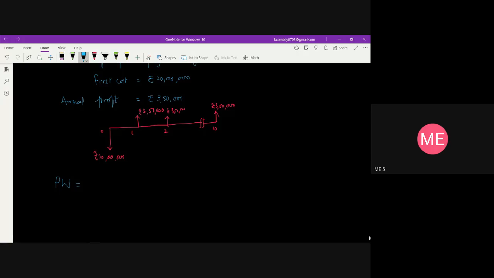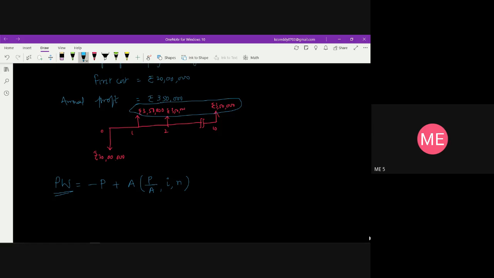So how to write it? This is a revenue-dominated cash flow diagram, so the cost will be written as negative, minus P, plus these cash flows, which show an annuity. So I'll write the annuity, and we are finding the present worth for the given annuity, P by A, comma i, comma n. This is the present worth equation written for this cash flow diagram.